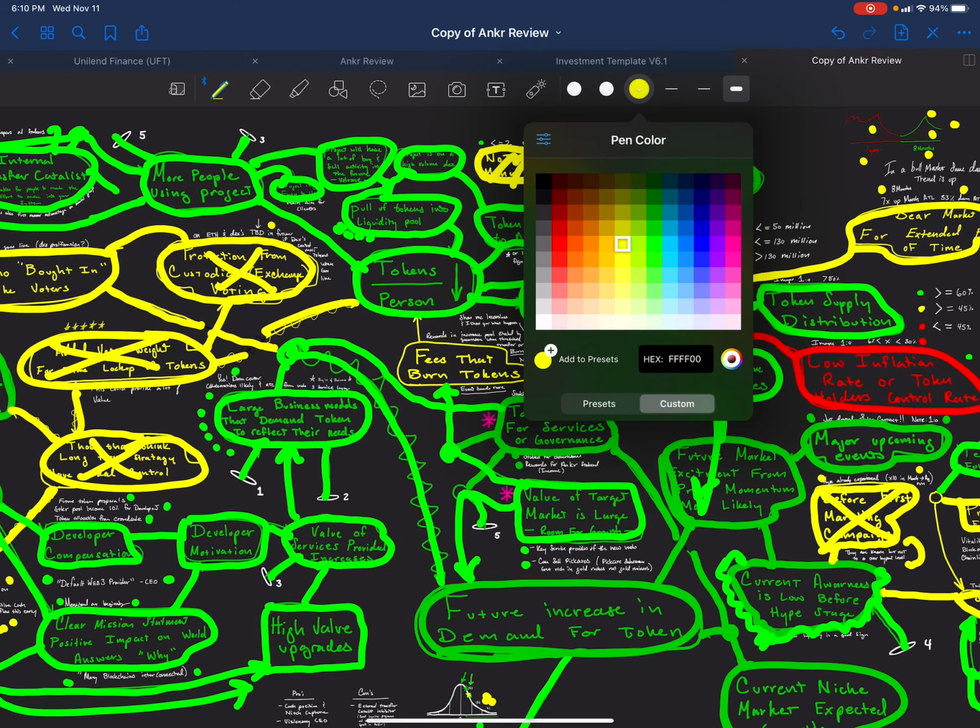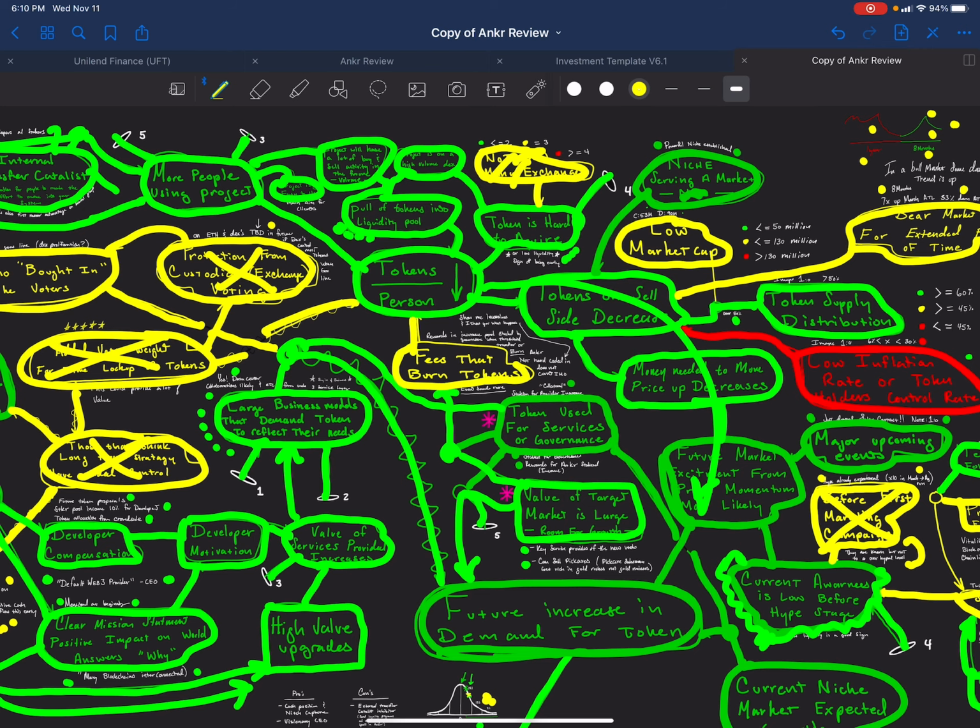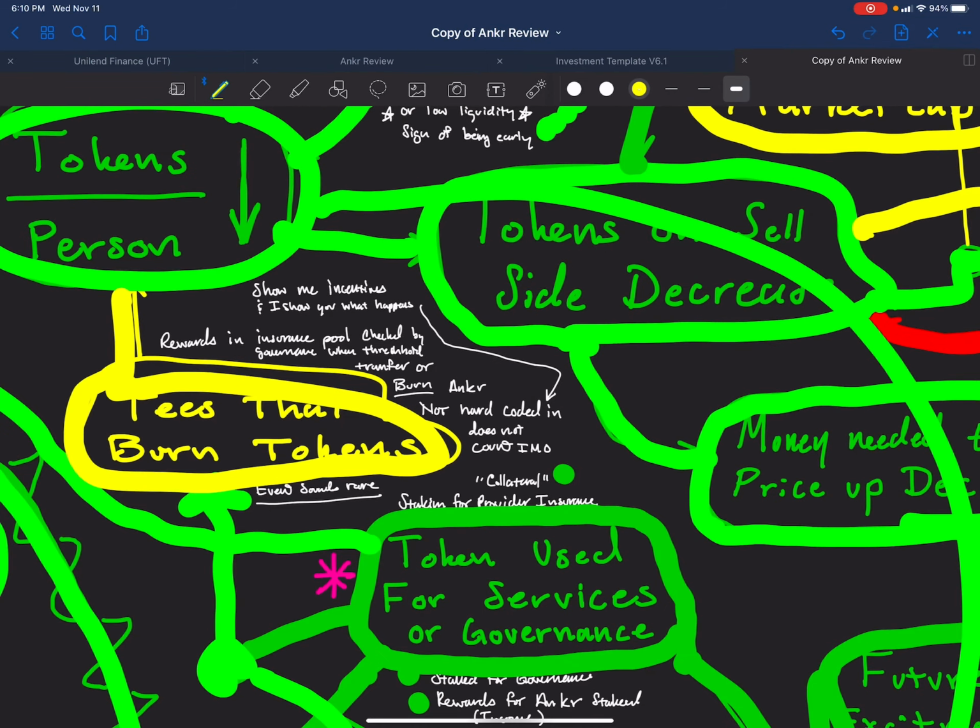And they do have a fees that burn tokens mechanism, but I put it as yellow because it's not hard-coded. I say show me the incentives and I'll show you what happens. Basically they said rewards in the insurance pool are checked by the governance, and when they cross over a certain threshold, they can burn the anchor or transfer them out.